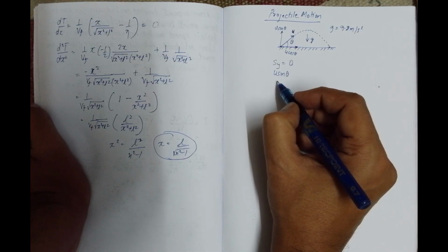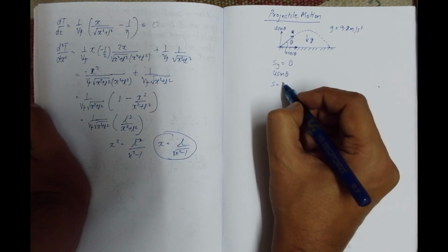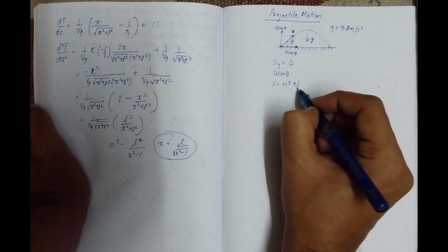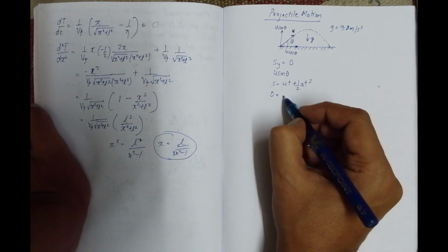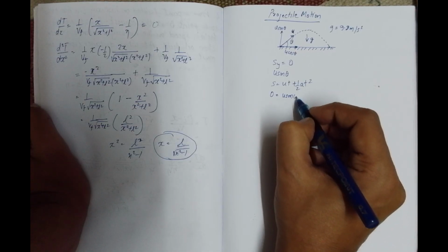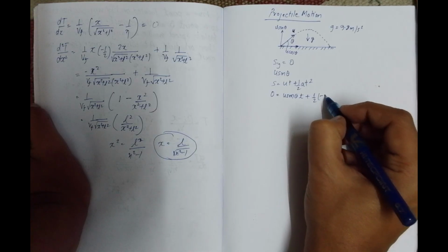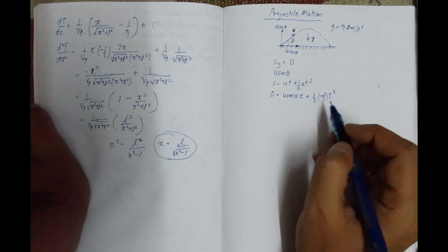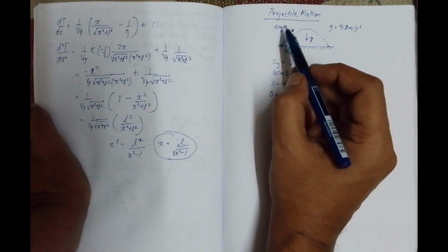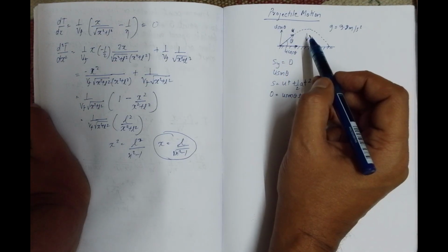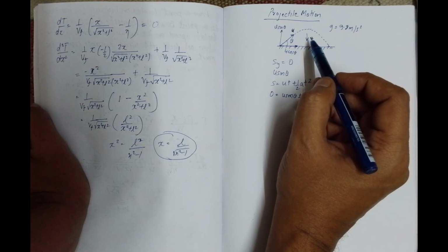Right? So let's apply this equation, s is equal to ut plus half at square. If you apply this equation, what do we get? 0 is equal to u sin theta t plus half minus g t square. u sin theta is in the upward direction, so I am taking the upward direction as positive, and any quantity acting in the downward direction, I am taking to be negative.